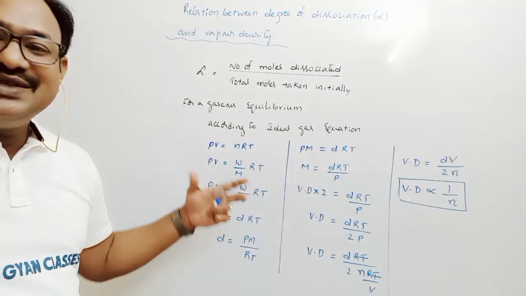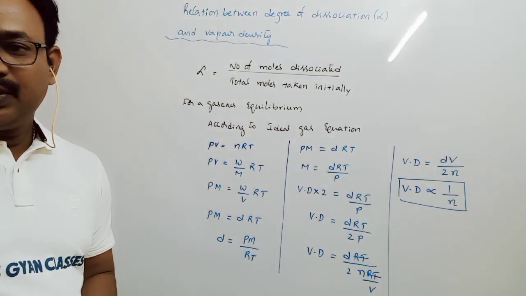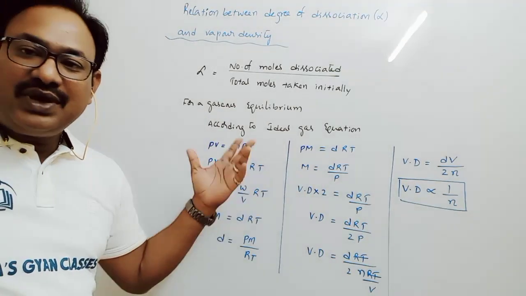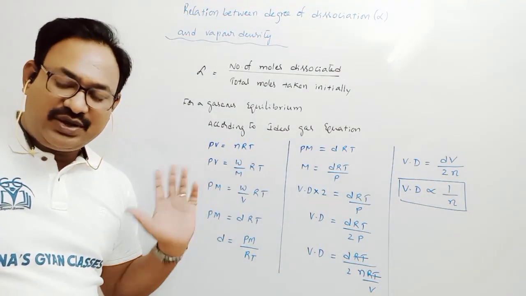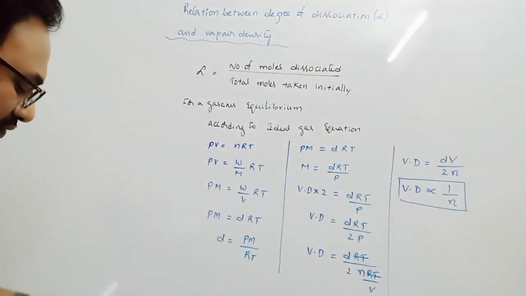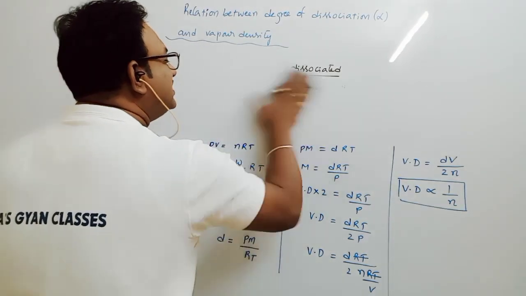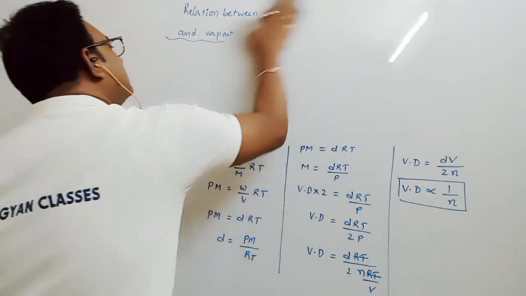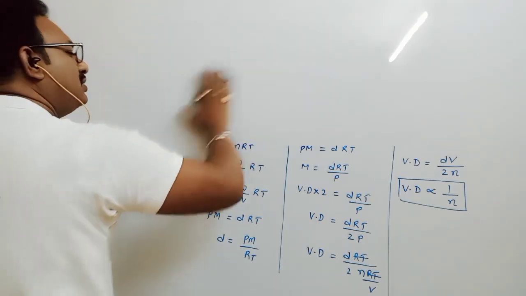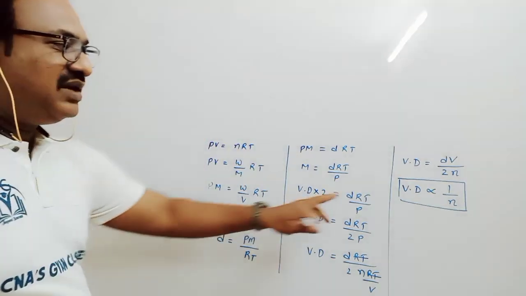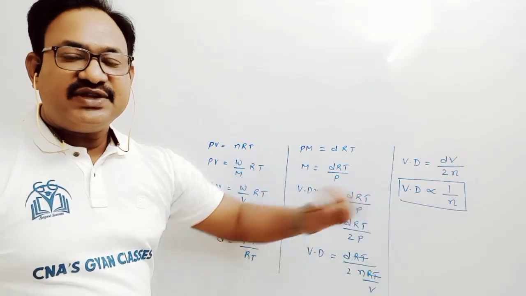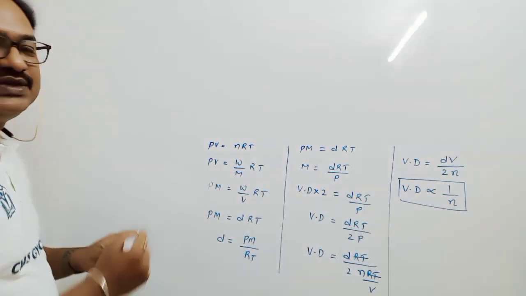Now we can apply this on an equilibrium process. Okay? Now, I am using an equilibrium process like this. So please remember this, vapor density is inversely proportional to number of moles.